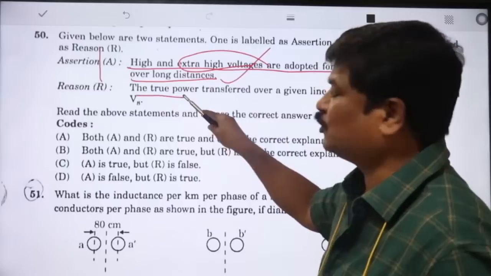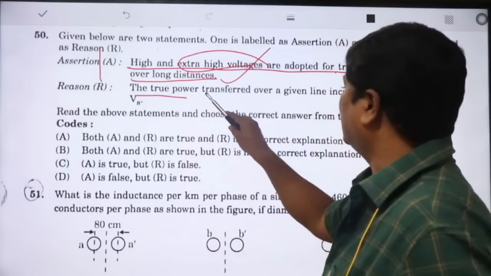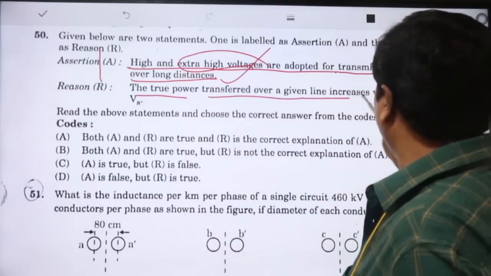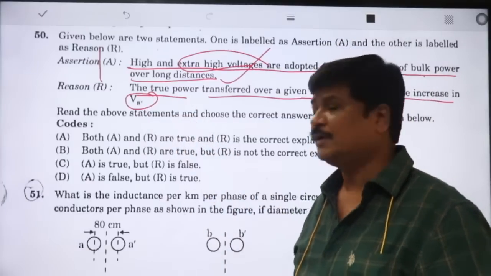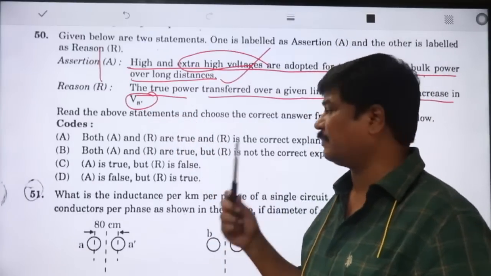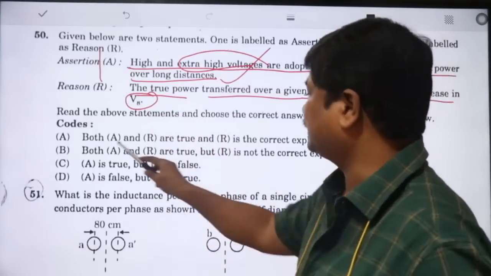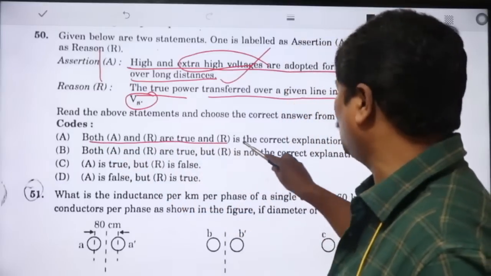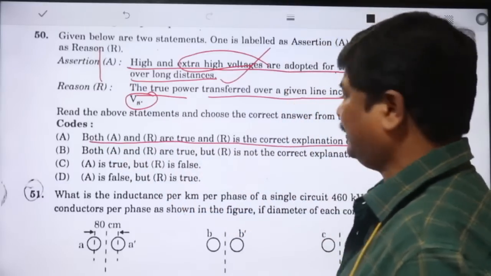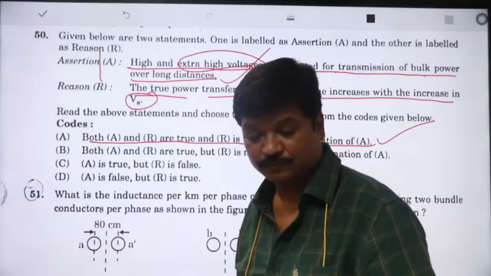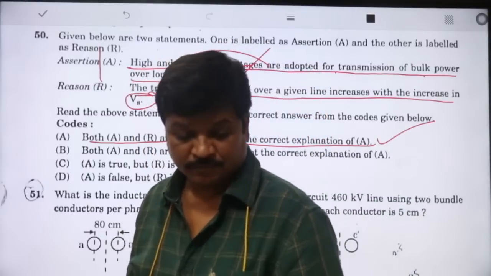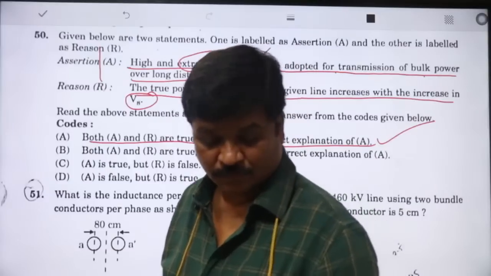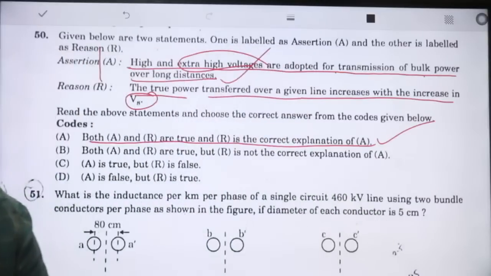The true power, meaning active power, transferred over a long line increases with an increase in sending end voltage. Exactly. Both assertion and reason match together. Both A and R are true. R is the correct explanation for A.